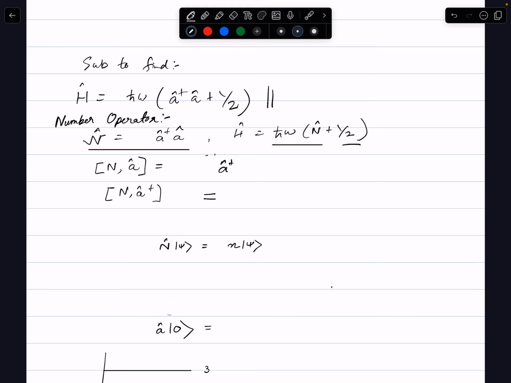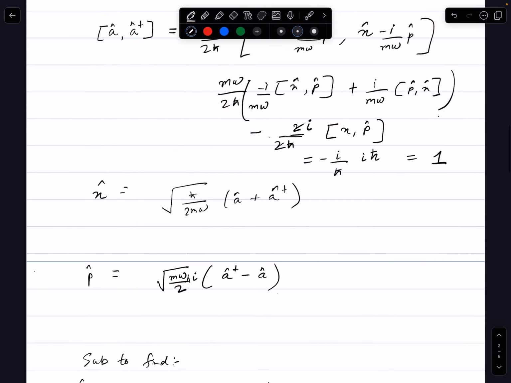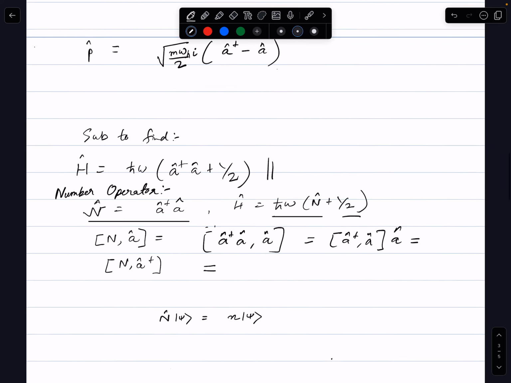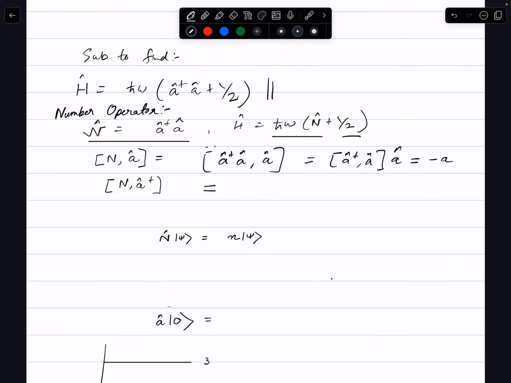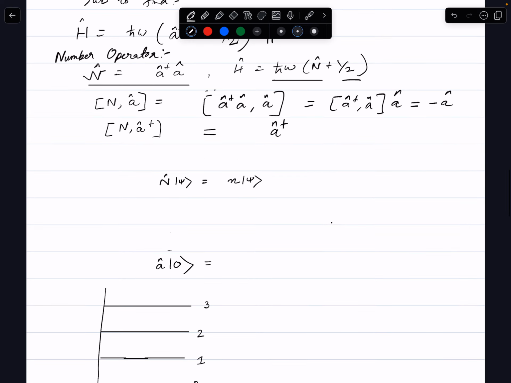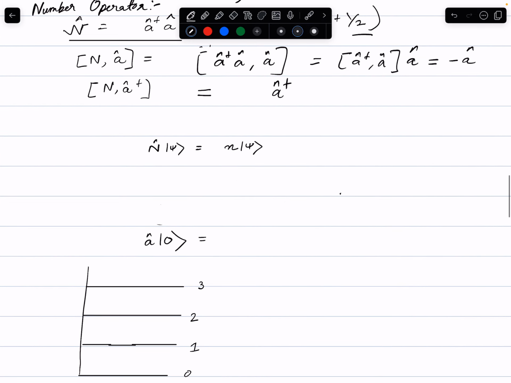So then that is nothing but A dagger A into A dagger minus A dagger into A dagger A, which will become A dagger, and the commutator of A and A dagger is 1, so commutator of n and A is minus A, and similarly this is A dagger. This is something you all know, but we're still going through this.